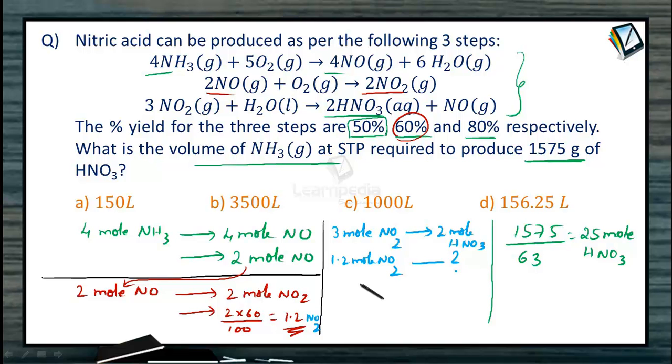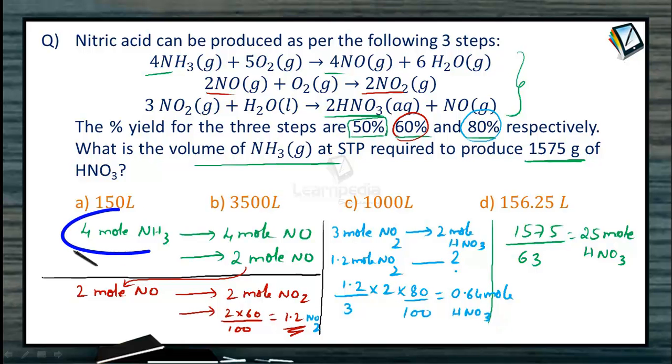It is nothing but 1.2 by 3 into 2 moles of nitric acid. But in the third step, it is given that the percentage yield is 80%. So definitely it is 80% of this particular value. And now on calculating, this becomes 0.64 mole of nitric acid.